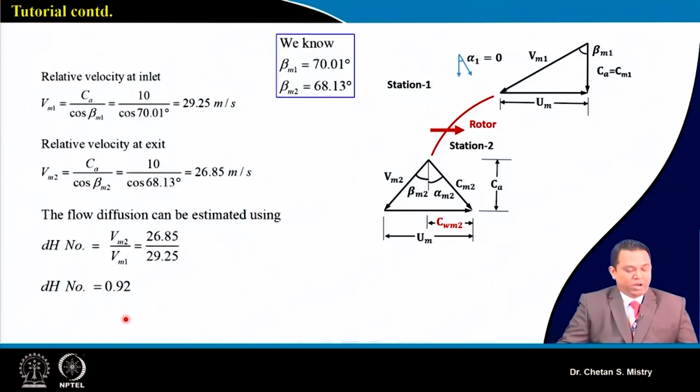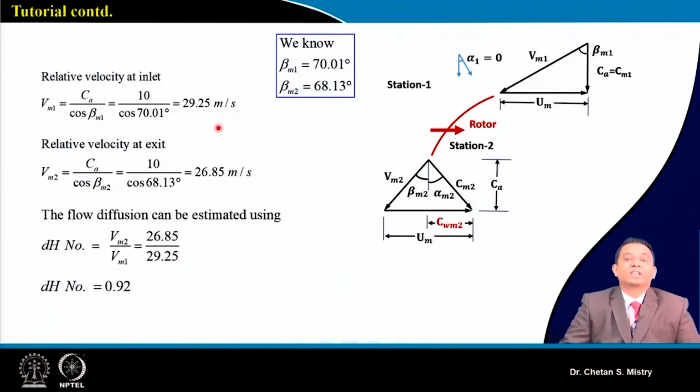Now we can calculate the relative velocity, which we write in terms of the cos component. So cos beta 1 is Ca by V1, based on the velocity triangle.